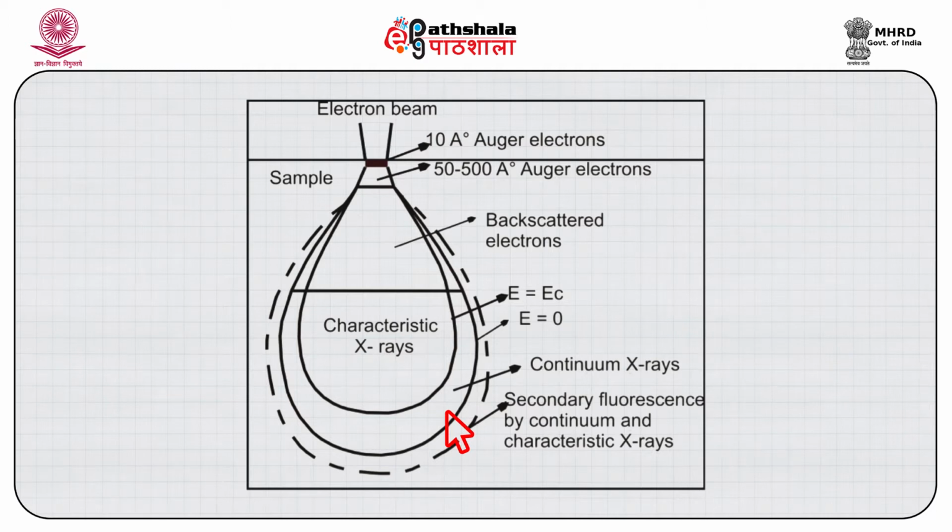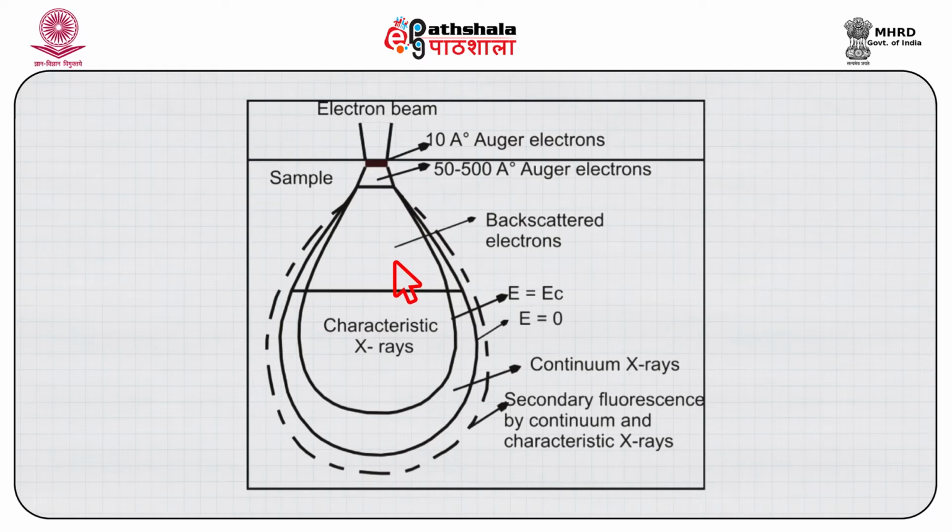Now, in this diagram we can look at which part of the interaction volume each effect comes from. As you can see, this is the surface where the electron beam is impinging on the material. The characteristic X-rays are produced as a result of the inelastic scattering. So, they come from the lower half of the interaction volume.